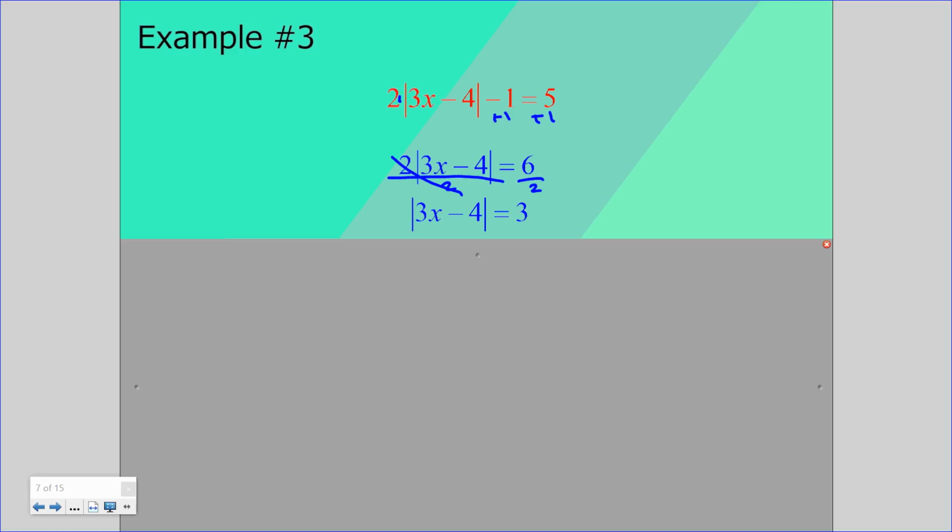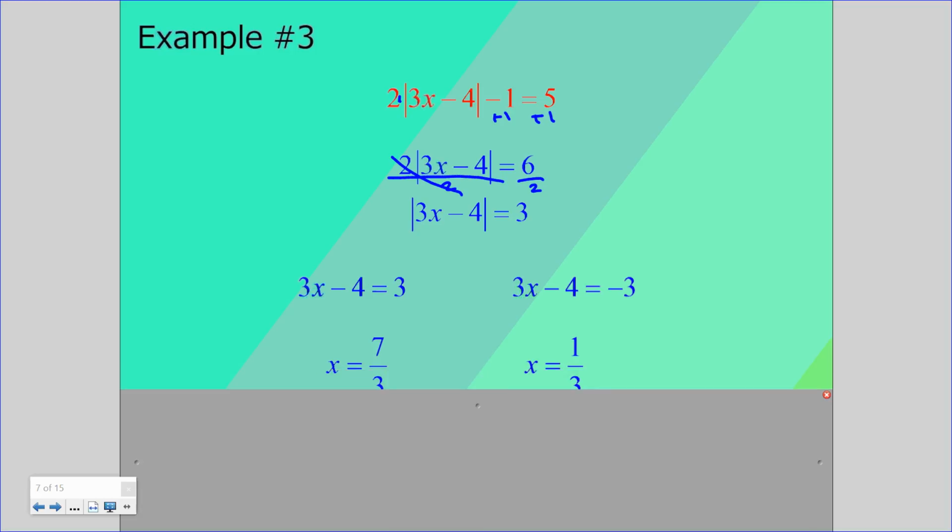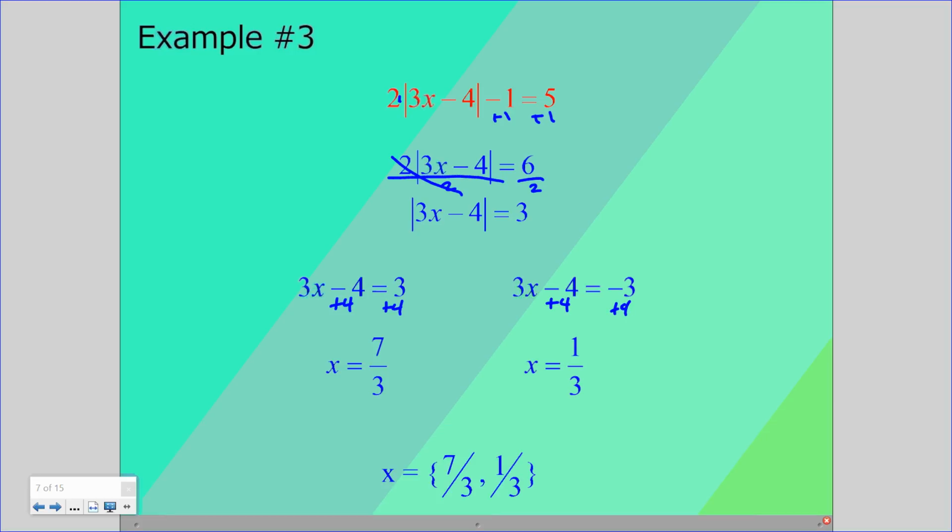Once we've got the bars isolated, we can set up our two equations, one equal to positive 3, the other equal to negative 3. From here, add 4 to both sides, divide both sides by 3 to isolate x. This is just basic two-step equation work, and you get x to be equal to 7/3 or 1/3.